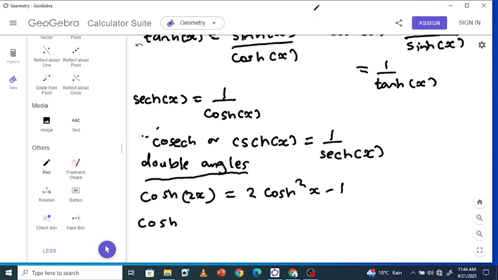We have cosh 2x is equal to 1 plus 2 sinh squared x.